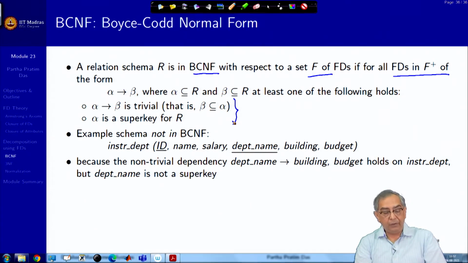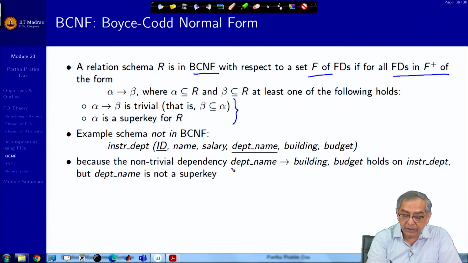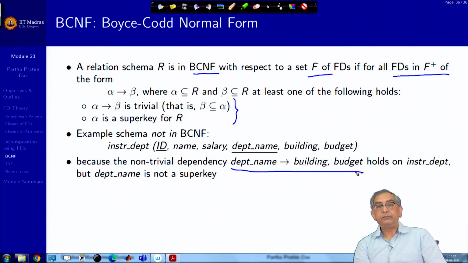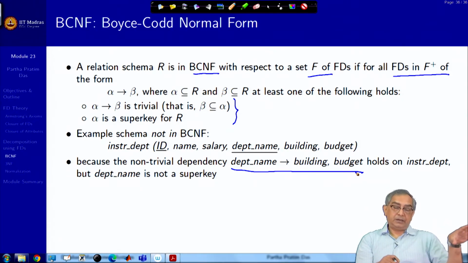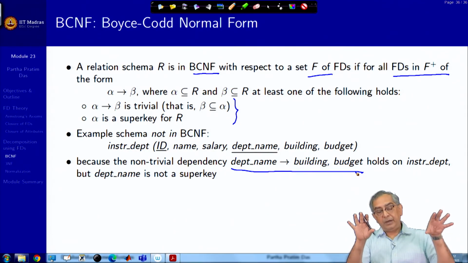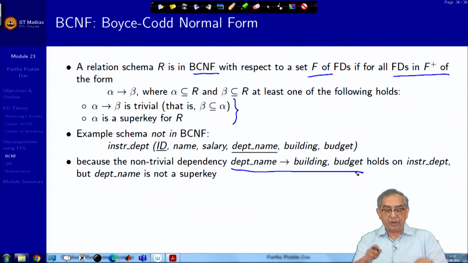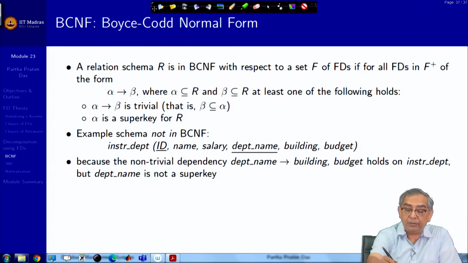So, if you look at our instructor with department relation again, you will see that this is not in Boyce-Codd normal form, because I have a dependency here which is department name deciding building and budget, where neither it is trivial nor department name is a key of the relation. But if you think of the instructor relation and the department relation, you will find that each one of them is in Boyce-Codd normal form.